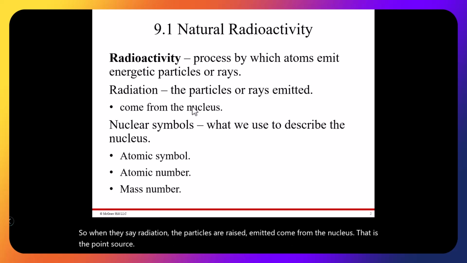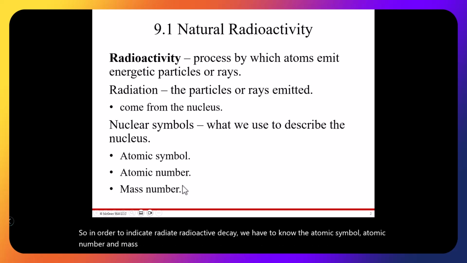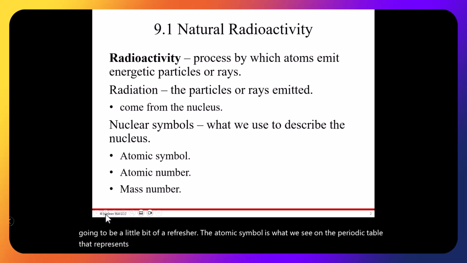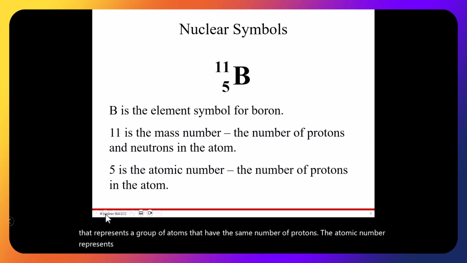So in order to indicate radioactive decay, we have to know the atomic symbol, atomic number, and mass number. These are things we've already learned in this class, so this is going to be a little bit of a refresher. The atomic symbol is what we see on the periodic table that represents a group of atoms that have the same number of protons. The atomic number represents the number of protons in that particular atom or element.